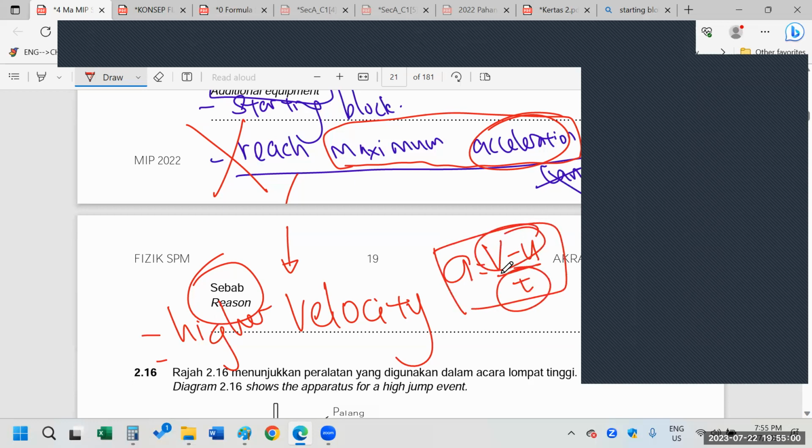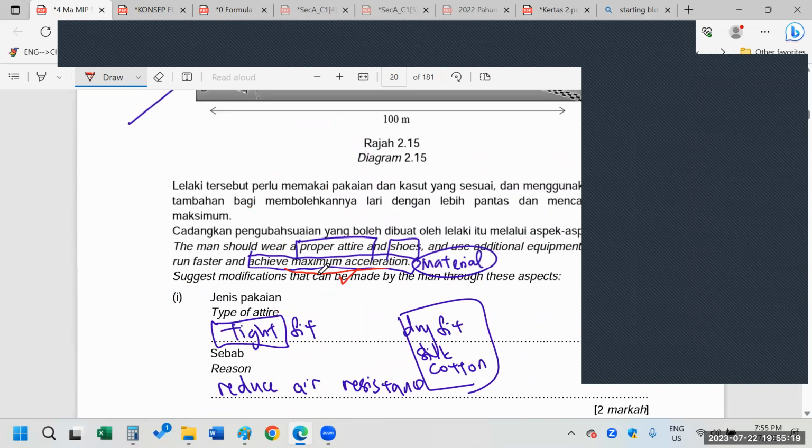Or you can mention time. Achieve higher velocity in shorter time. Something like, can run faster, can start faster. As long as you don't use back the same criteria as your reason.